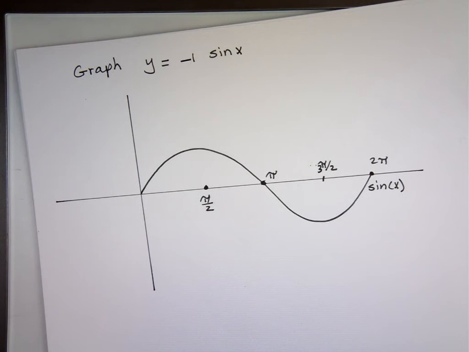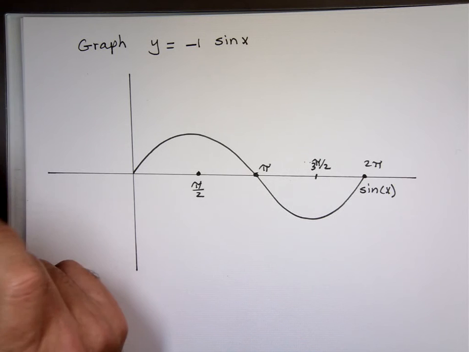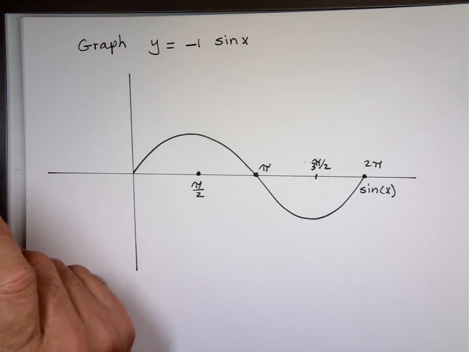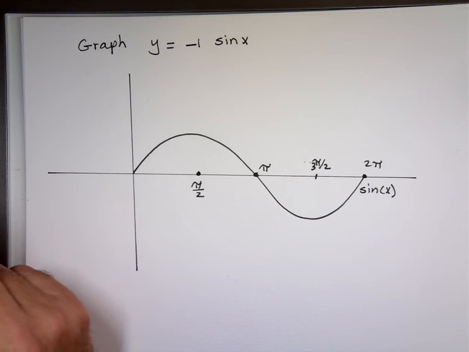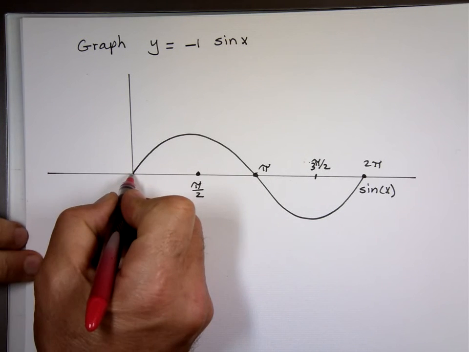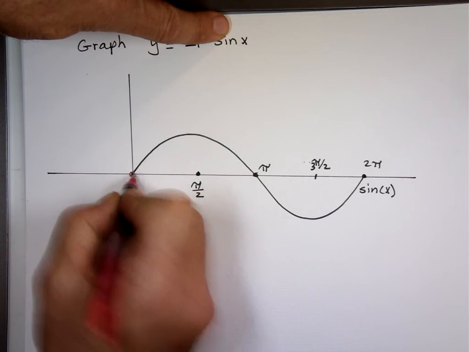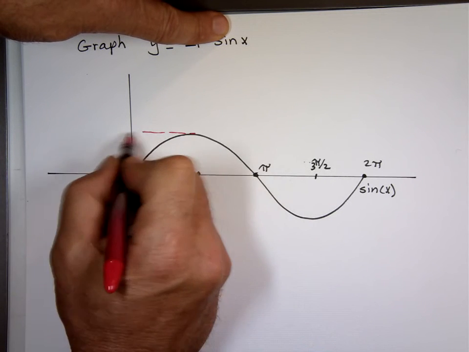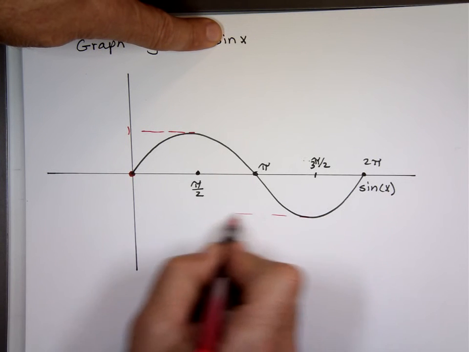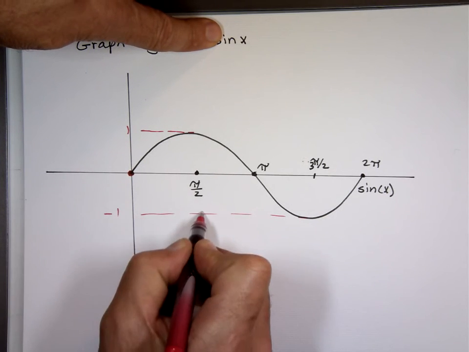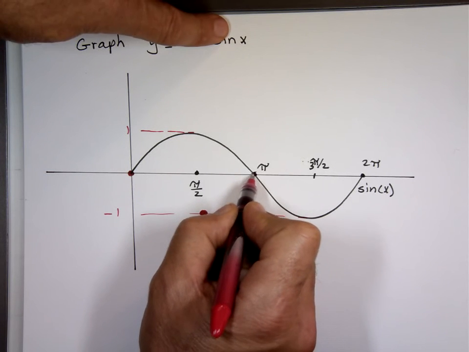So now, what is the minus 1 going to do? What's the minus sign? A mirror image. Exactly, it's going to flip it. So notice, when the sine is 0, what's negative 1 times 0? 0. Here the sine is 1. So what's negative 1 times 1? Negative 1. Here it's 0. What's negative 1 times 0? Here is negative 1.